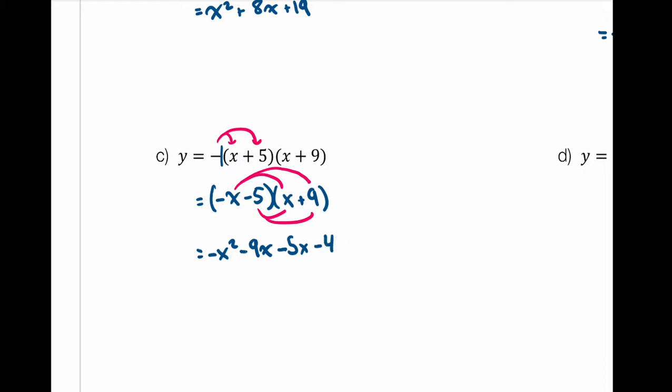I should see that my two middle terms I can add together. Again, same thing, I've done this correctly, so my two middle terms should be my only like terms. So I get x squared minus 14x minus 45, and now I have my equation in standard form.